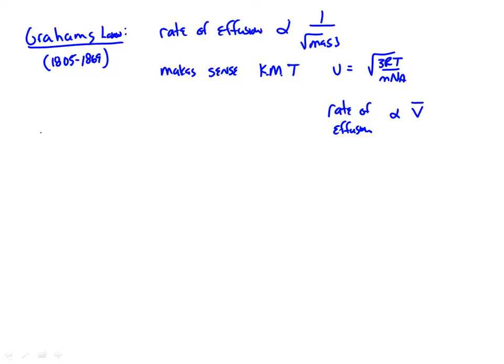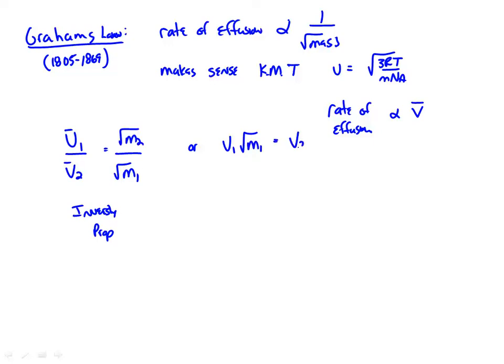And so what it means is that we can write a law, and whether we write it as the average speed of 1 over 2 is equal to the square root of m2 all over the square root of m1, please notice the 1's and the 2's are flipped because it's inversely proportional. Or we can write the same thing as u1 times the square root of m1 equals u2 times the square root of m2, and sort of make it look like Boyle's law.